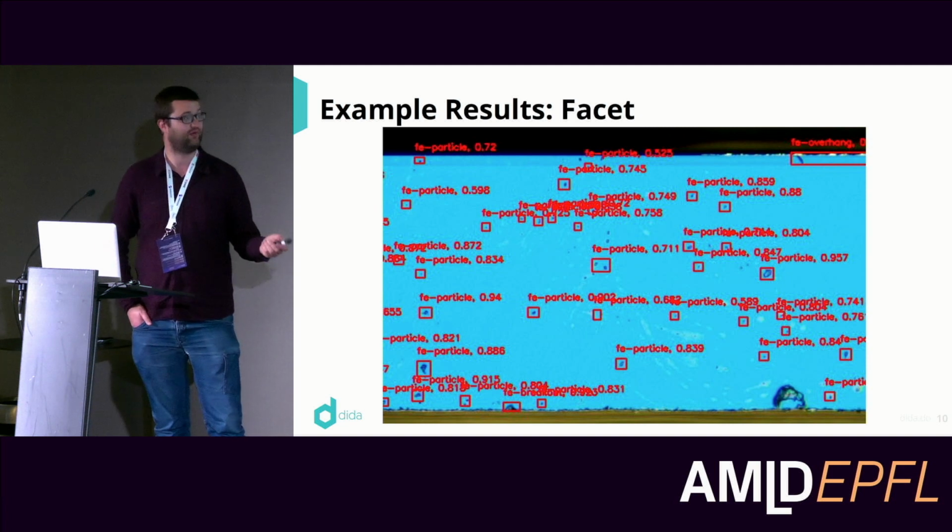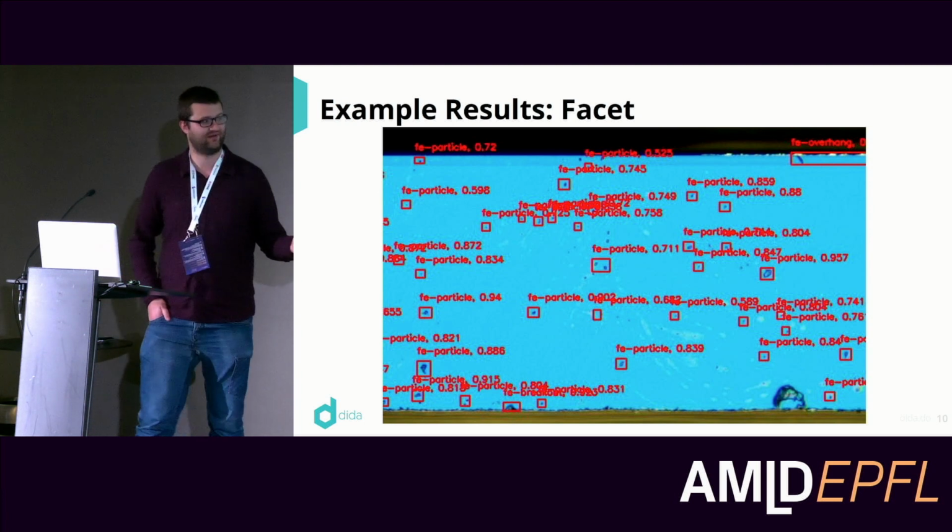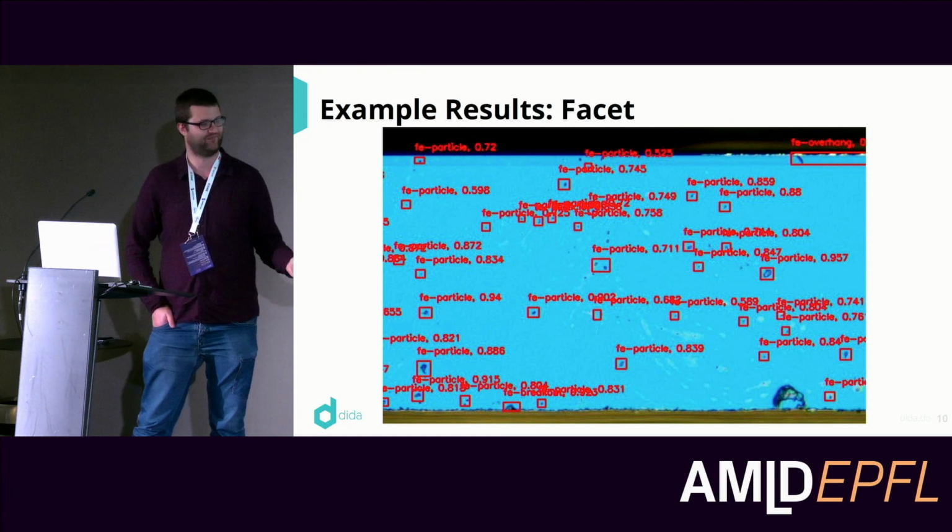The advantage, though, is that this is one of these sections right at the edge of a bar, and you don't need to detect all of them to know that this has got a lot of defects in. So from a quality assurance point of view, this is quite easy.